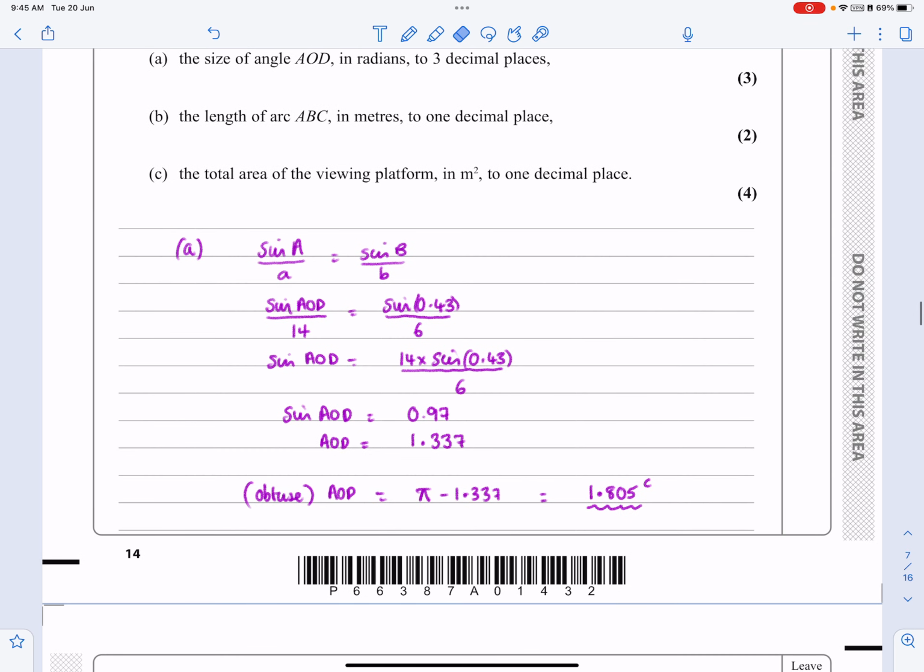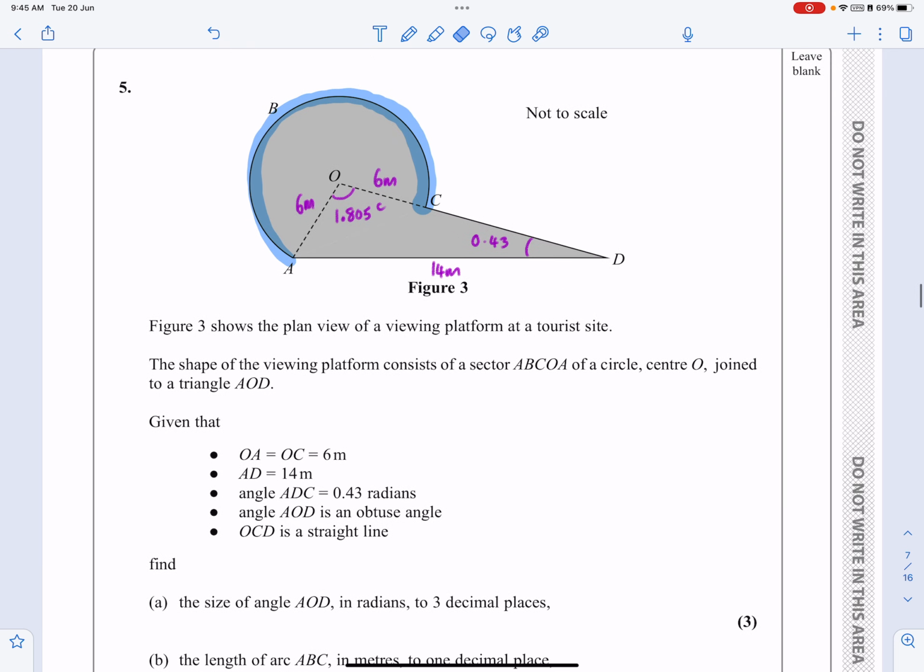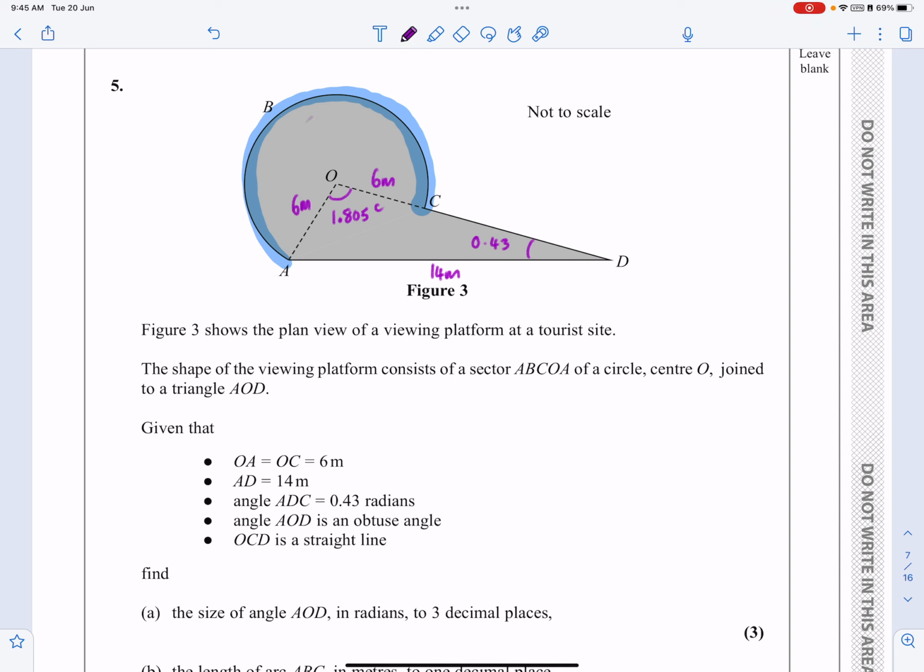And then part C says, calculate the total area of the viewing platform. That's going to be relatively straightforward as well. It's going to be the area of this sector, and then the area of that triangle, just added together.